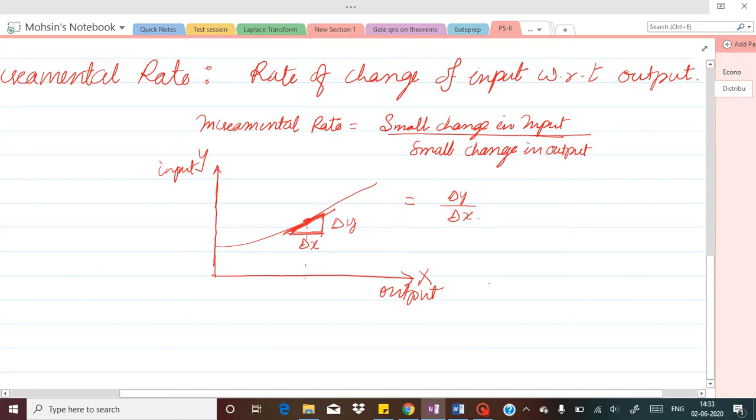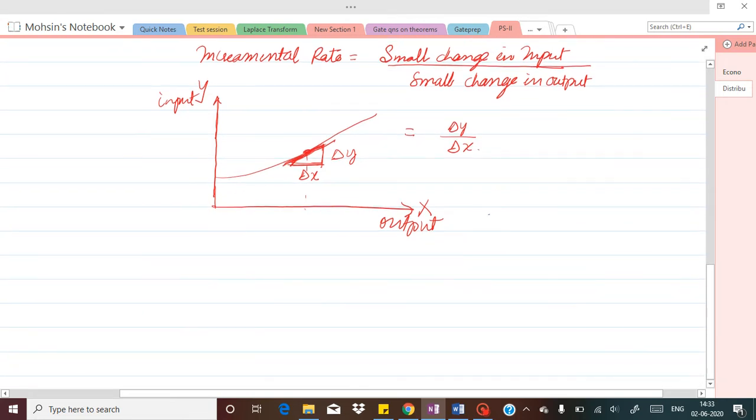Now suppose the input is given as different types of variables. We basically have two types of variables to be considered as input. One is the amount of fuel used or the amount of energy supplied to the machine, that is kilojoule per hour. In that case it will become the incremental rate of the fuel consumed.